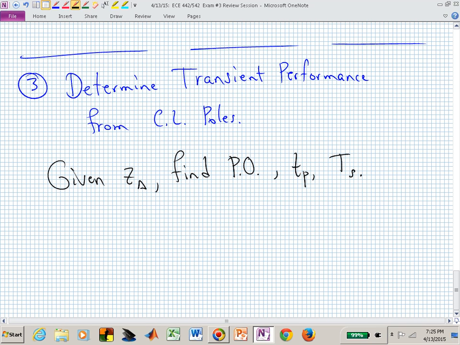Is that clear? All of these are interrelated a lot of times by solving for omega sub n t in terms of the different variables that you do know and finding, let's say, zeta in terms of theta sub d and r. So if you're given settling time and peak time, you can now find the percent overshoot.